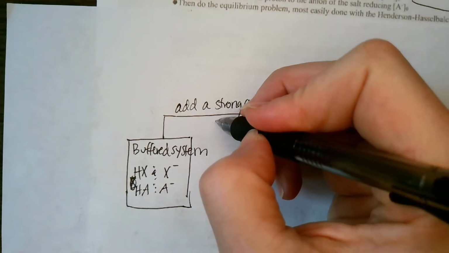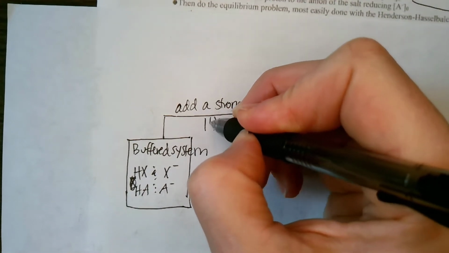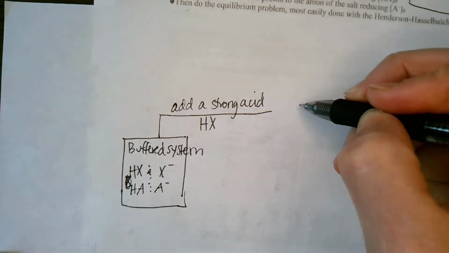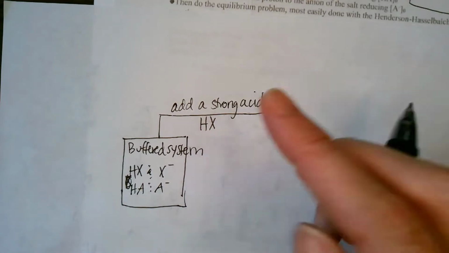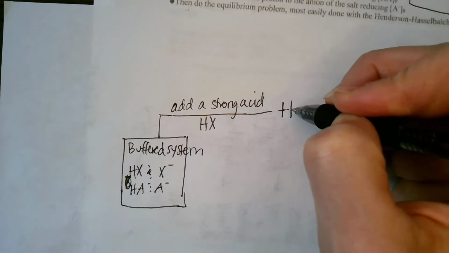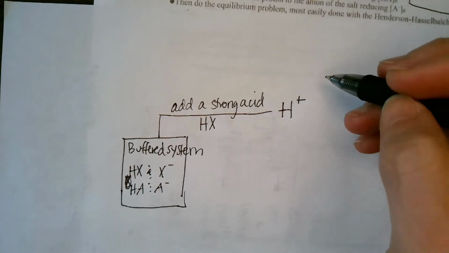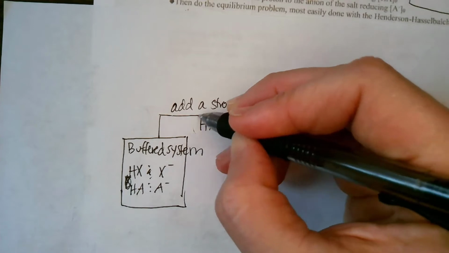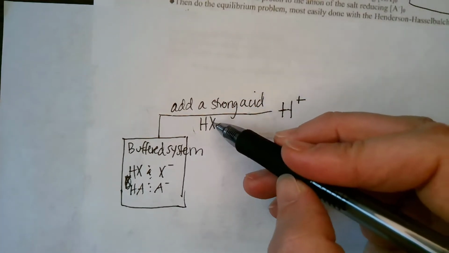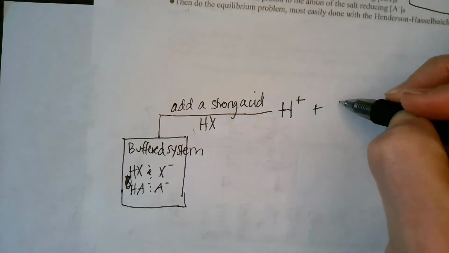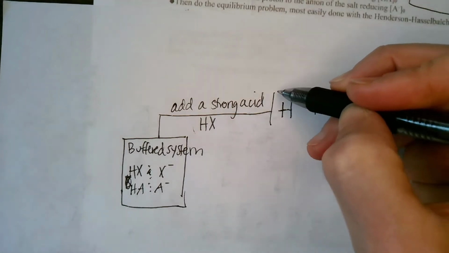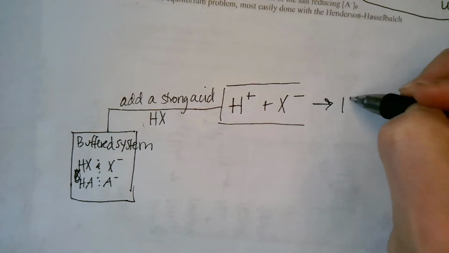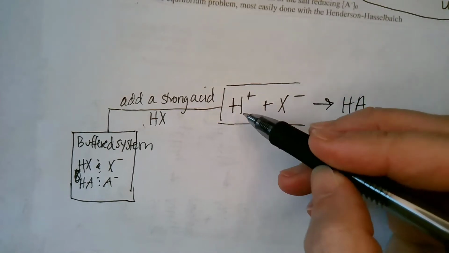All right, so we add a strong acid to our buffered system, and that strong acid 100% dissociates. We get X or H plus, and that acid's H plus is reacting with the base in our buffered system to create more acid.